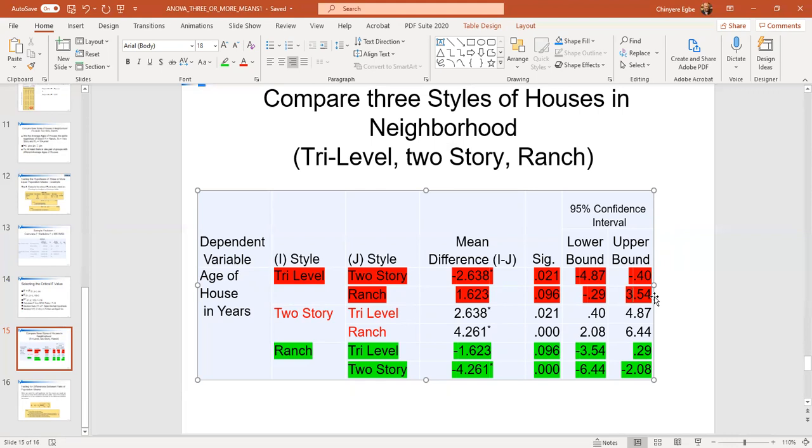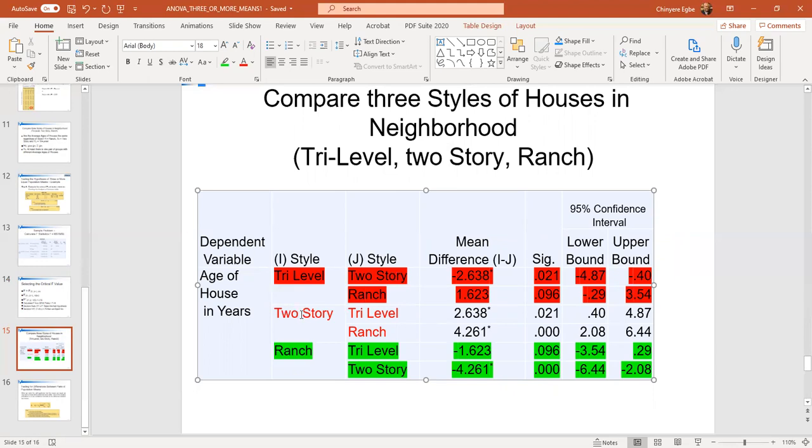Now, what does that mean? Let's think about a practical business example. It might mean that when this neighborhood was being developed, they began by developing tri-level houses with ranch houses. And so the two-story houses may have come at a different time.